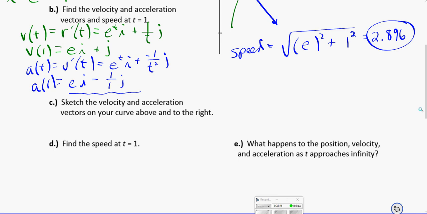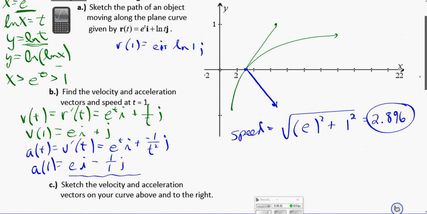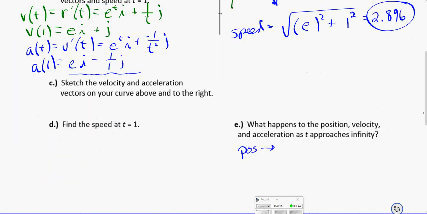So what's going to happen is the position is going to approach e to the infinity i plus natural log infinity j, so it's going to approach infinity i plus the natural log of infinity j, but it's going to get to infinity horizontally quicker than it does to the vertical.